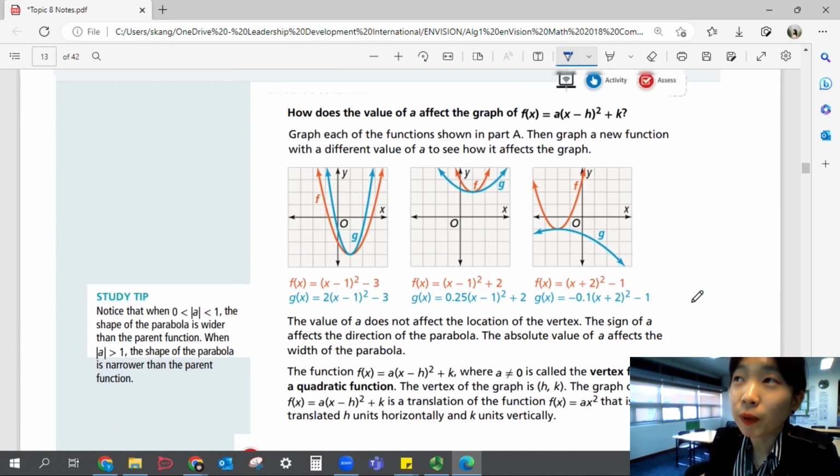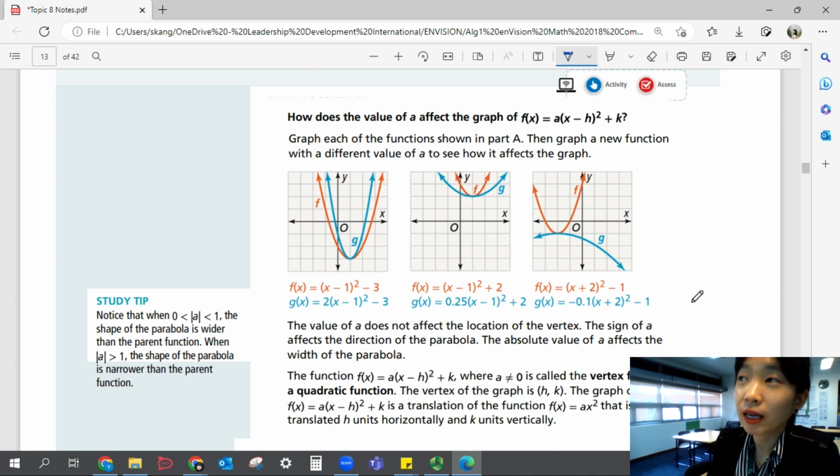So, on the next page, how does the value of a affect the graph of f of x equals a(x minus h) squared plus k? Now, we also want to look at a. How does a change the graph? As we have looked at it in the last lesson, your a will change the shape, like the width of your graph.